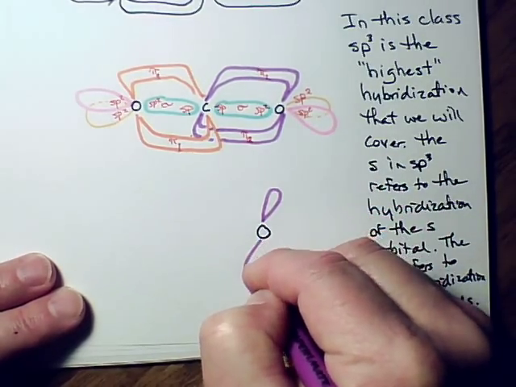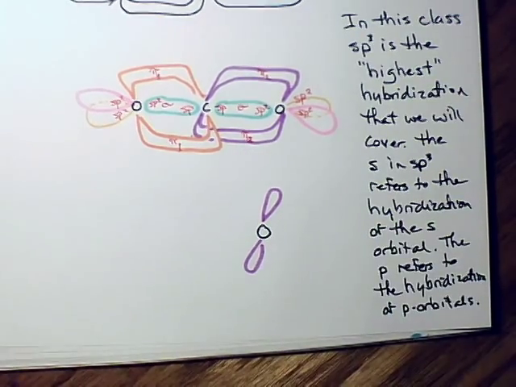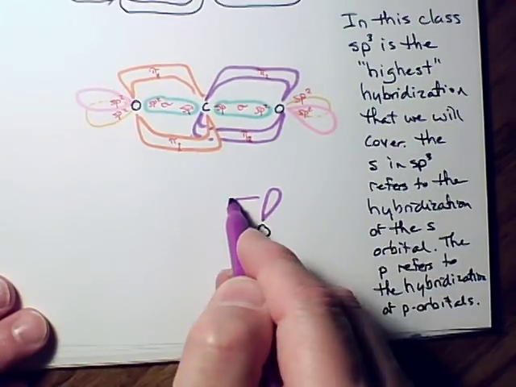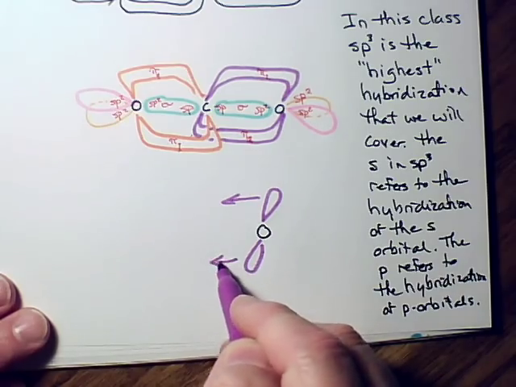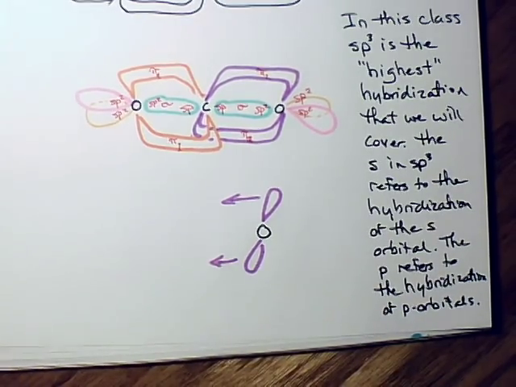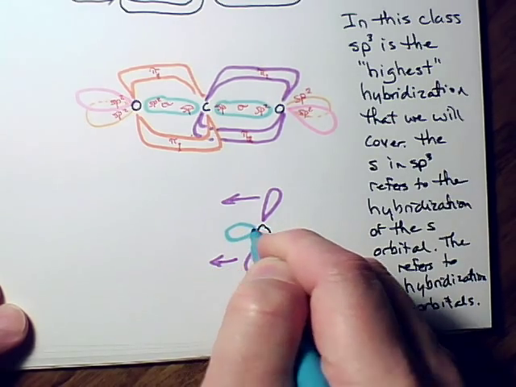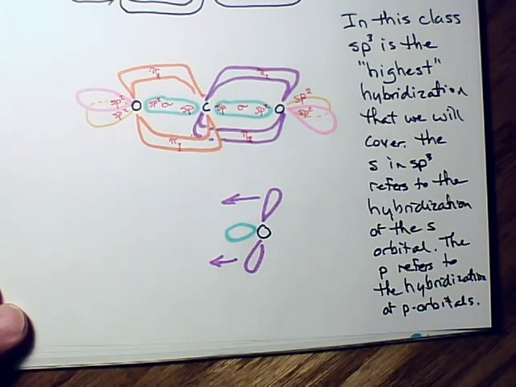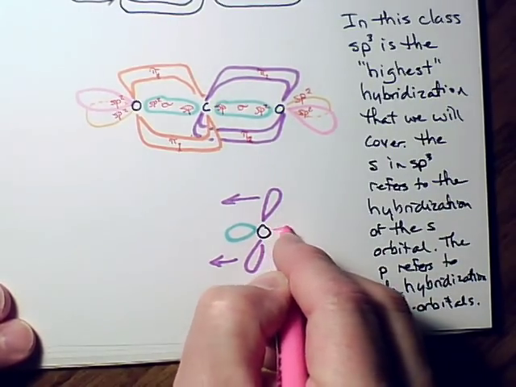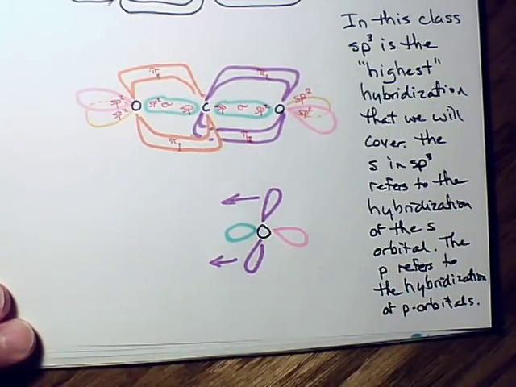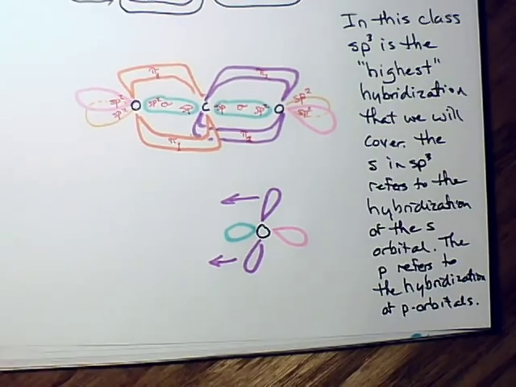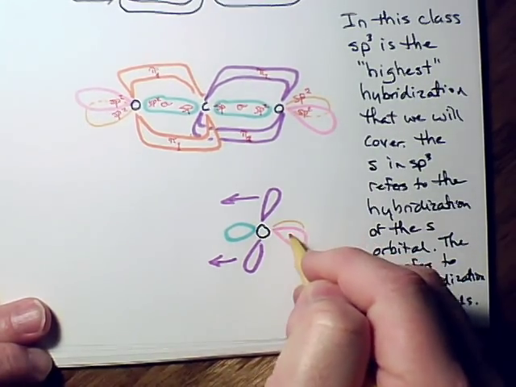Okay? All right? That's going to allow us to pi bond to something out here. All right? But I hybridize the s and 2 p's. Therefore, I have a hybrid sp2, another hybrid sp2, and a third hybrid sp2.